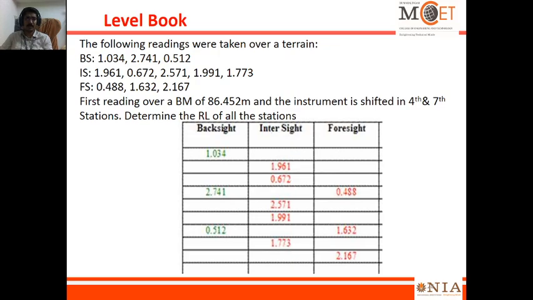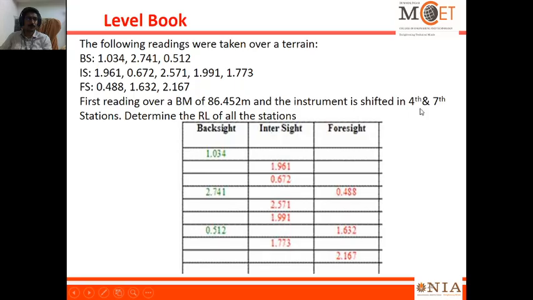Until then there will be only intermediate sights and the foresight. So 1.034 is a backsight, which means the intermediate sights follow, 1.961, 0.672, and it did not continue, and 0.488 was given.